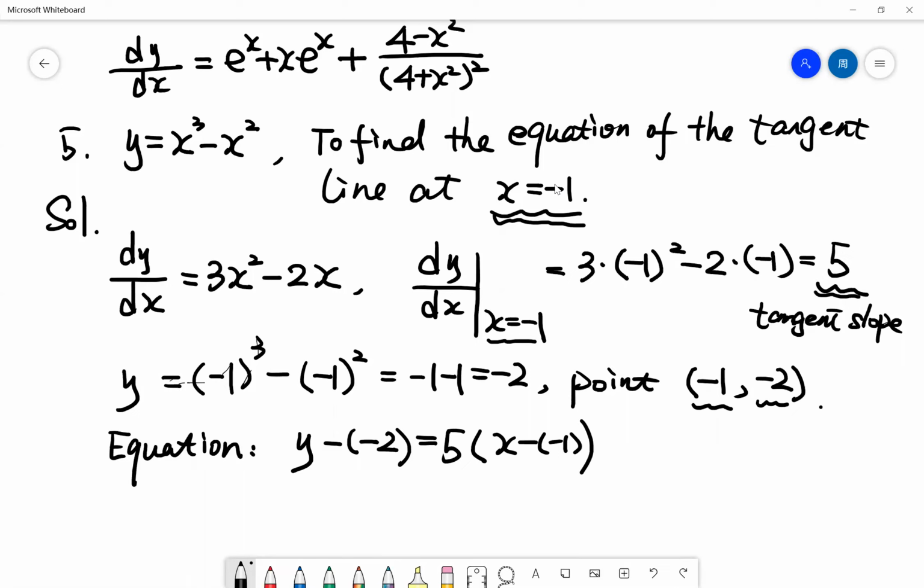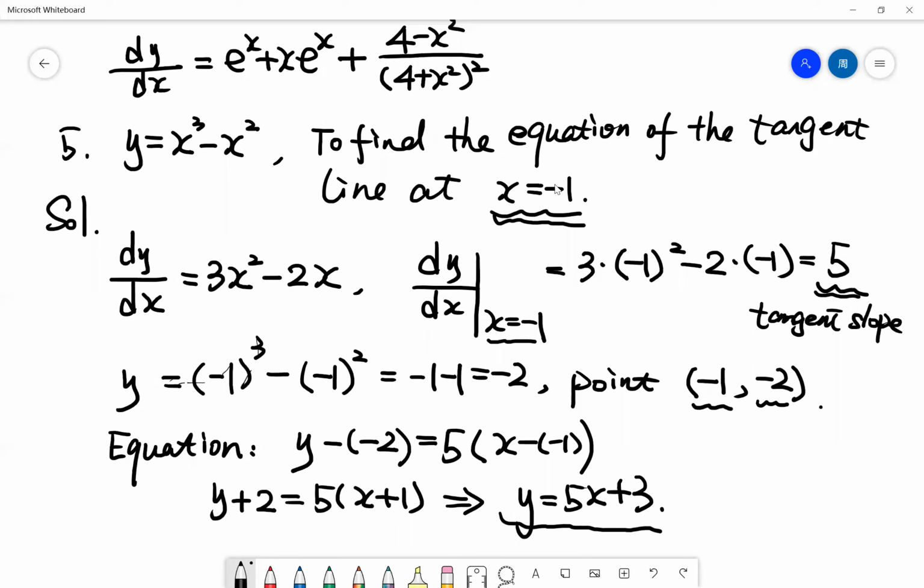So we simplify it: y plus 2 equals 5 times (x plus 1). So we can get that y equals 5x plus 3. So it is the equation for the tangent line.